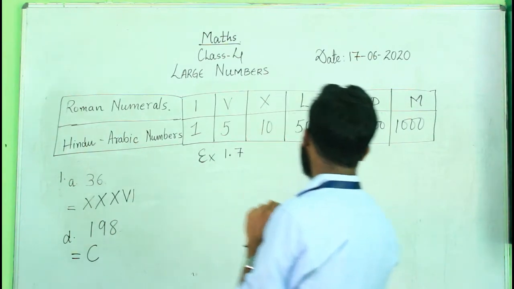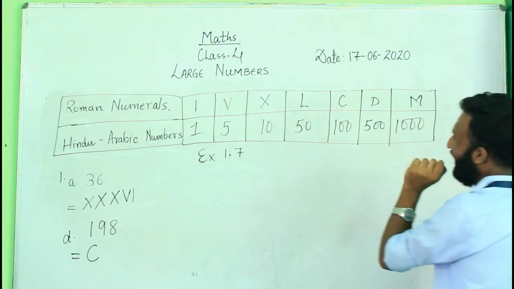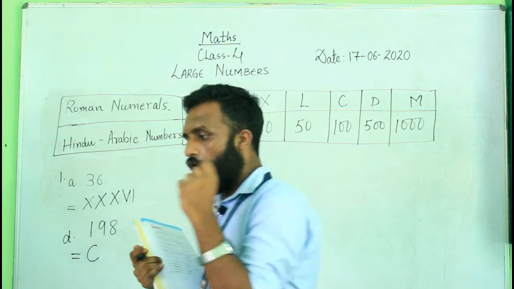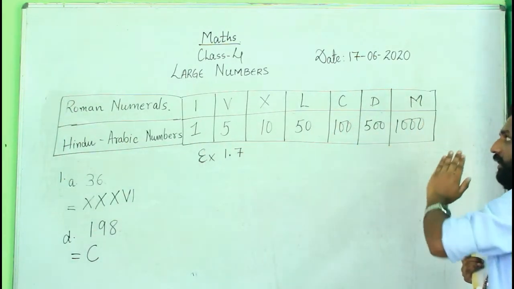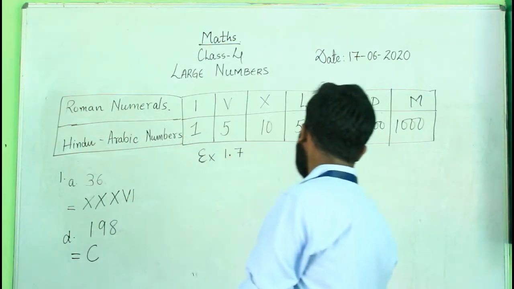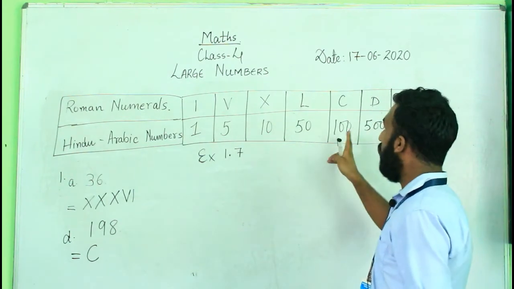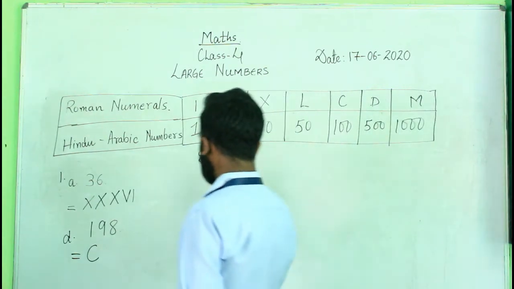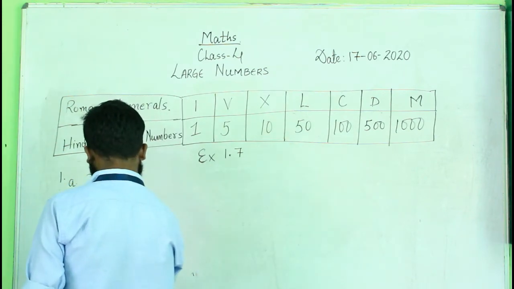As I told you, for subtraction, whenever a smaller number is at the left side of the bigger number, we can get the number. So for 90, 100 minus 10 means 90. The smaller one, X, we keep at the left, and the bigger is C.